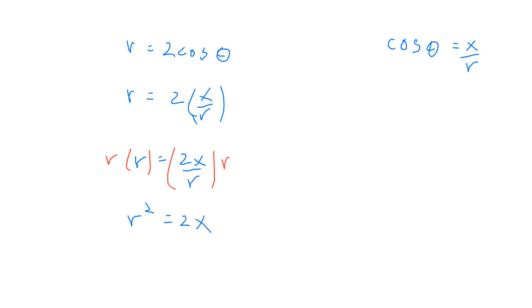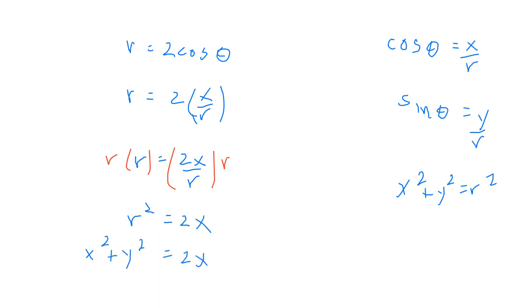What's r squared equal to, class, in trigonometry? Cosine of theta is x over r. Sine of theta is y over r. That's good. Good, Renaud. Good, Leping. X squared plus y squared equals r squared. So r squared is x squared plus y squared. That equals 2x.